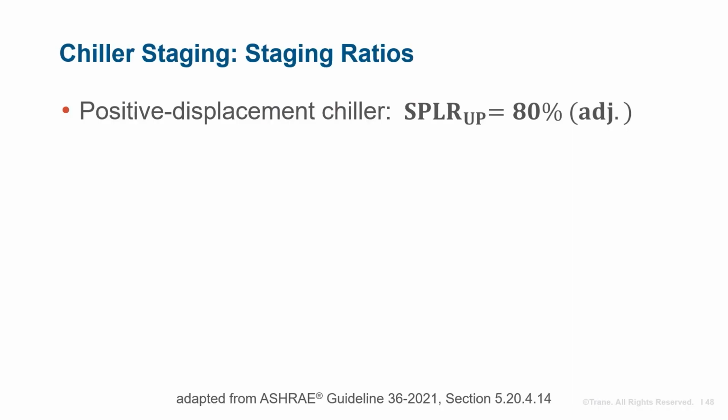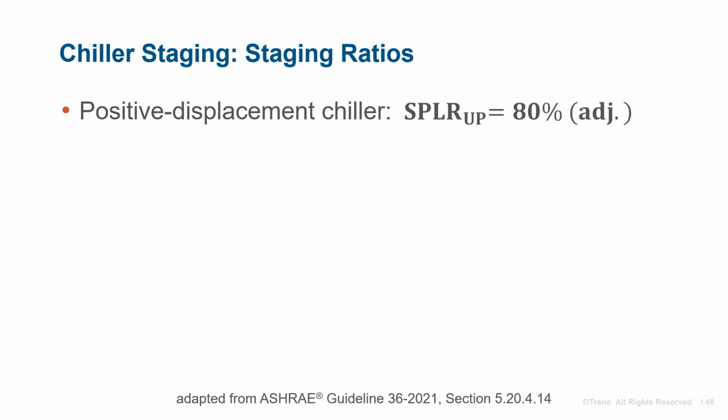Let's discuss staging up first. The staging part load ratios are based on compressor type in the current stage when staging up. When staging down, they're based on the next lower available stage. While positive displacement chillers are available with variable volume ratios, they're not always purchased with this feature.